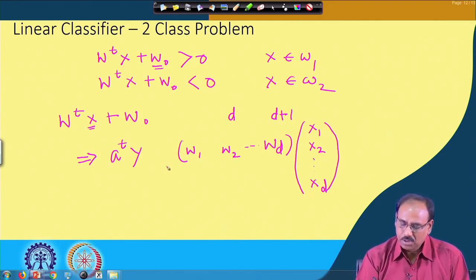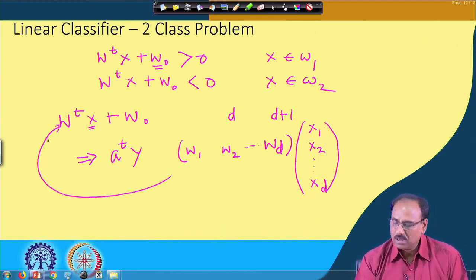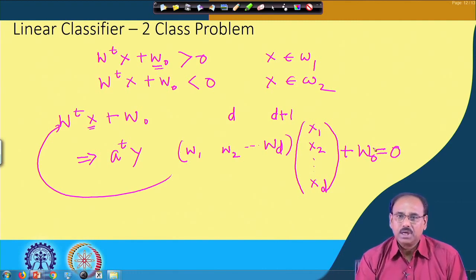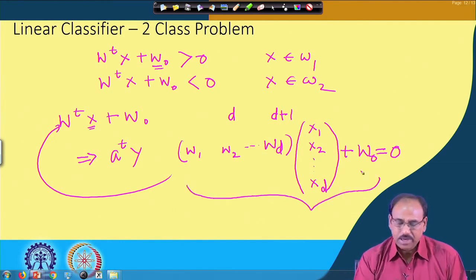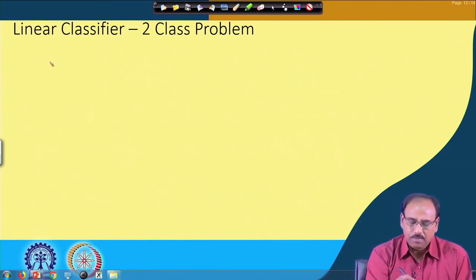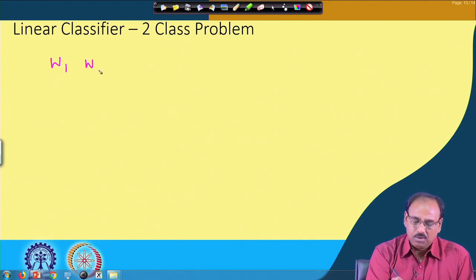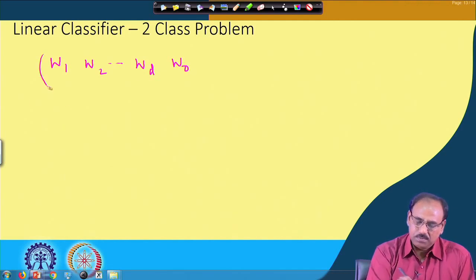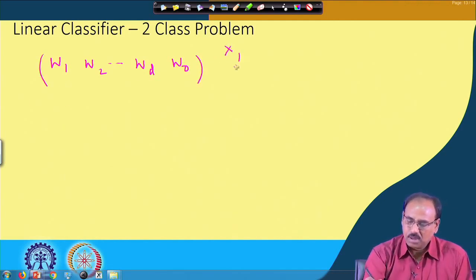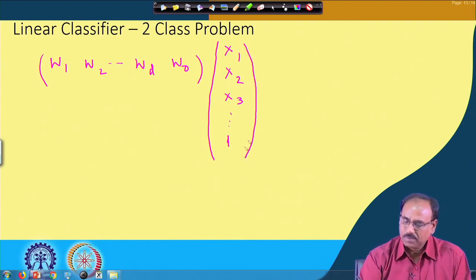So, this is the expression which gives me w transpose x plus w naught; equating this to 0 gives me the equation of the separating plane. Now, this equation I can rewrite in the form [w1, w2, ..., wd, w0] times [x1, x2, x3, ..., 1] equal to 0.